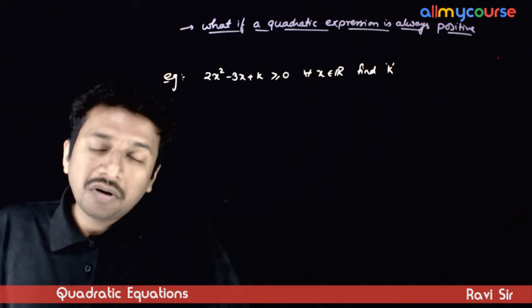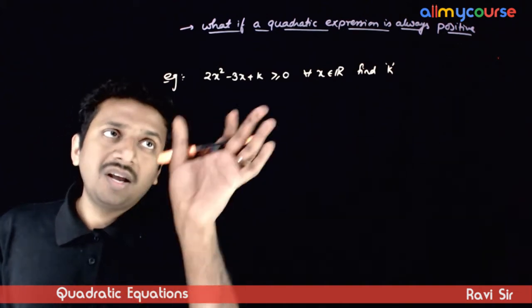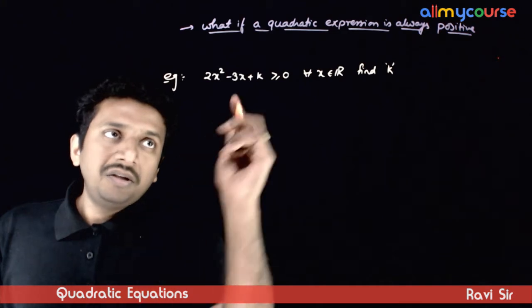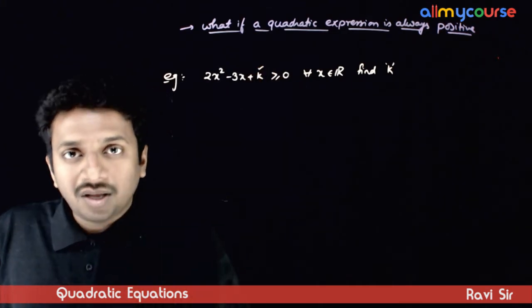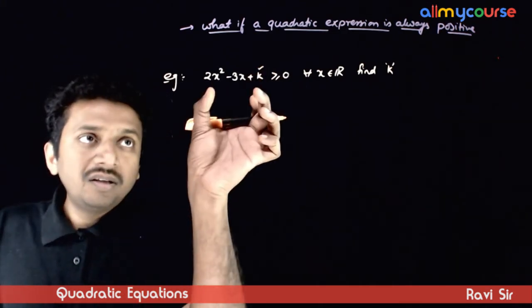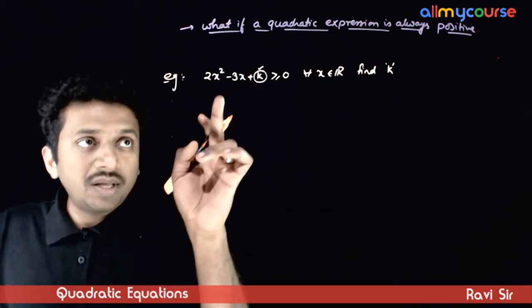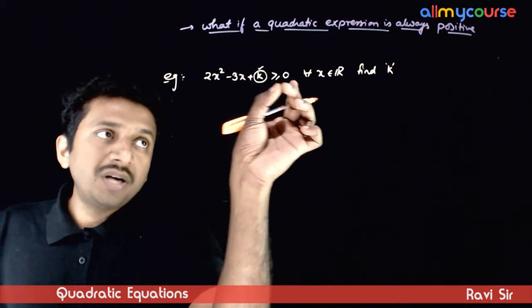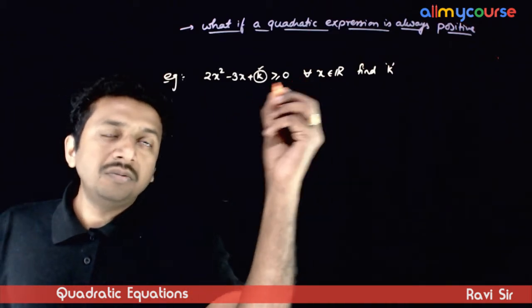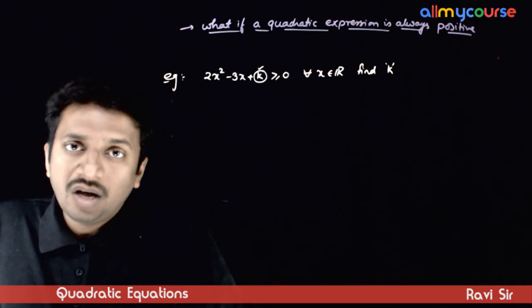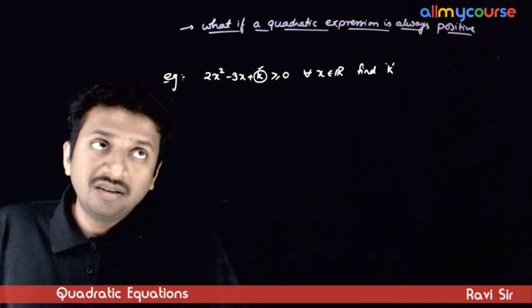So here you are not asked to solve this inequality. You are given an unknown in the equation. You are asked to find the possible values of this unknown so that this expression is positive for all x belongs to R. So how do we analyze this?